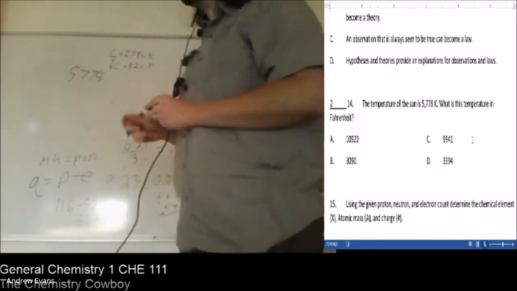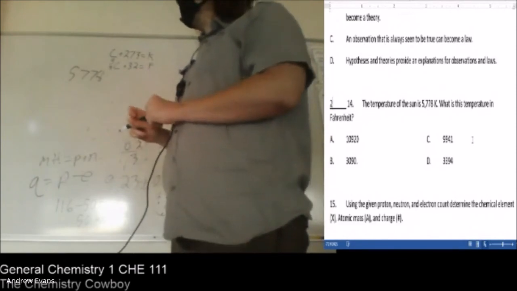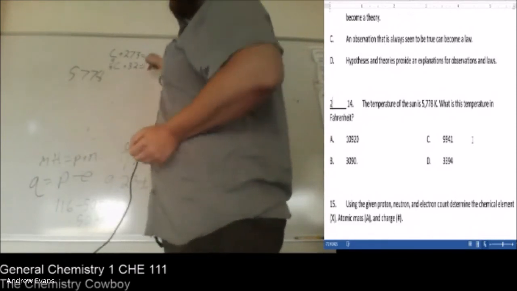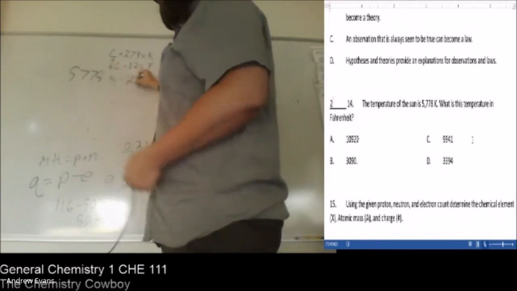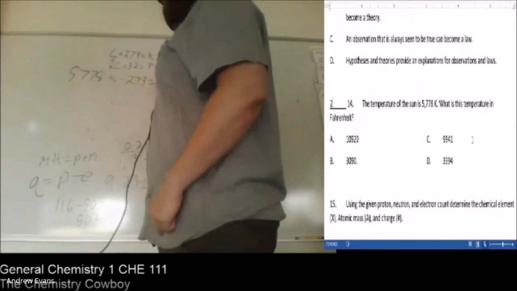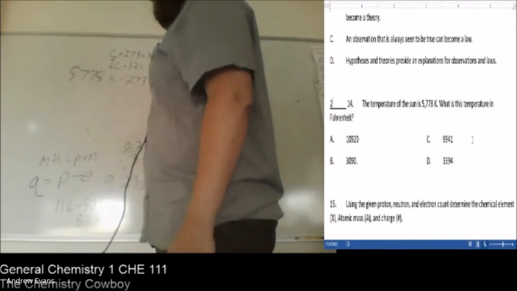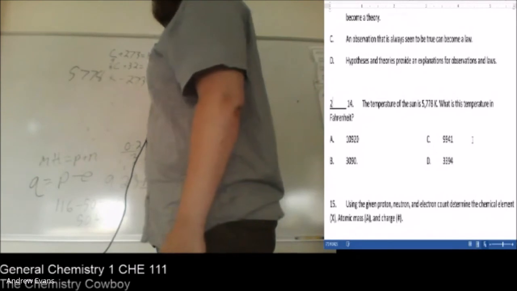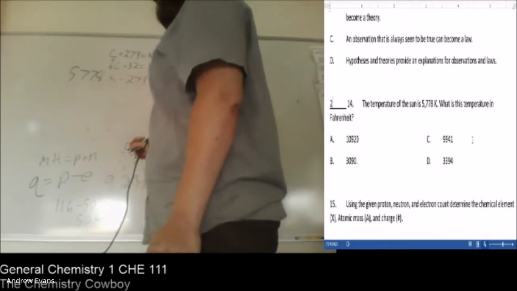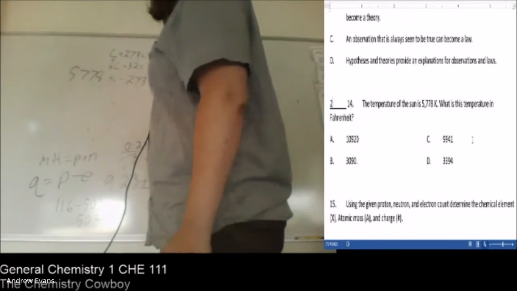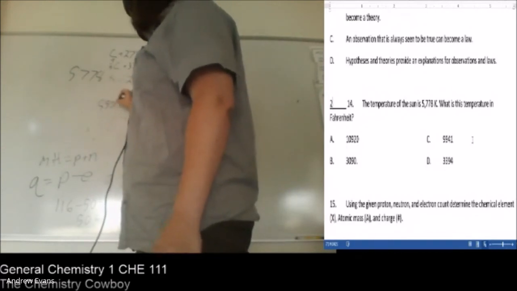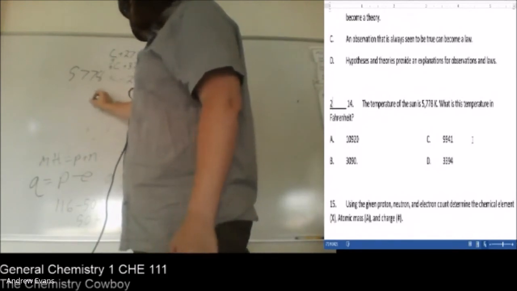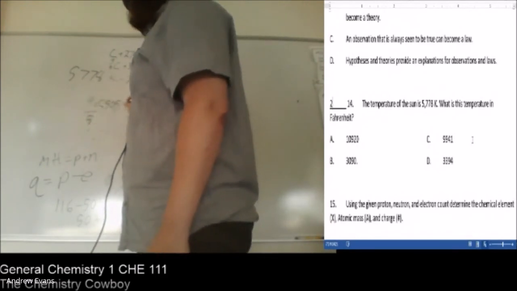So you always go through Celsius just like we always go through moles. To go from Kelvin to Celsius, we are going to subtract 273. So that's going to give us the temperature of the surface of the sun, 5,505 Celsius. And then we have 5,505 times 9 divided by 5 plus 32.